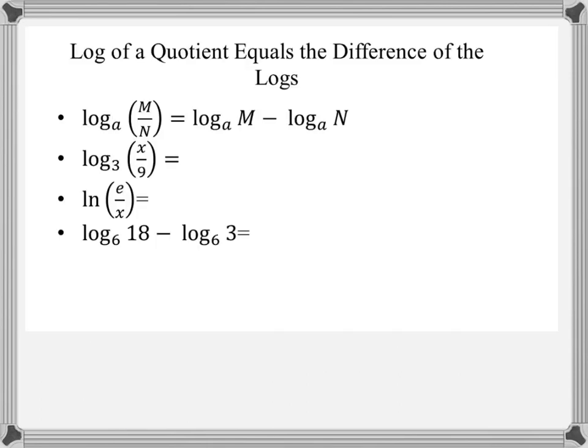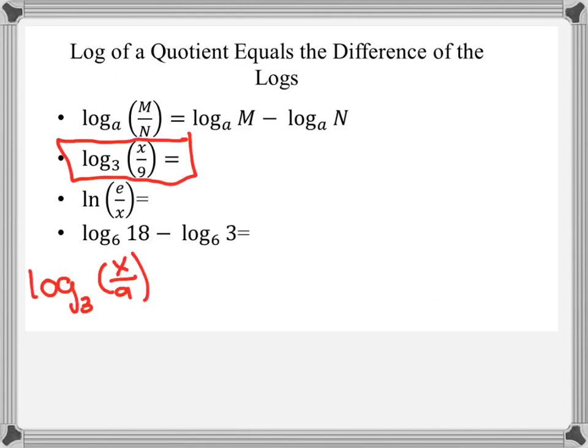Okay, the second property will be the log of a quotient equals the difference of the logs. So here we have a quotient, log base a of m divided by n, and we can rewrite that as log base a of m minus log base a of n. So this first example we'll look at in red. The log base 3 of x over 9.